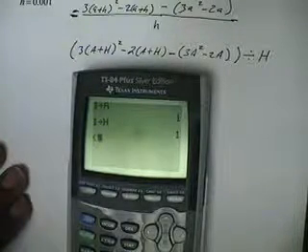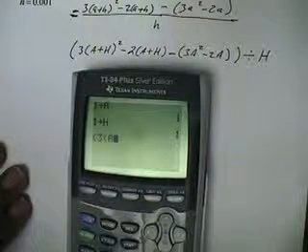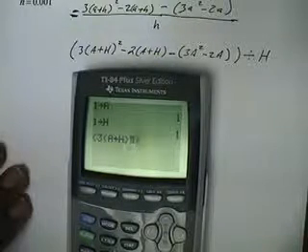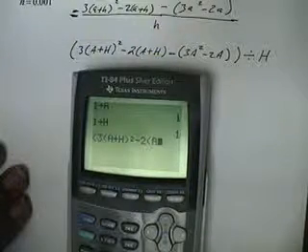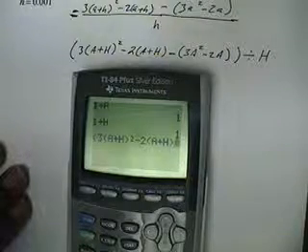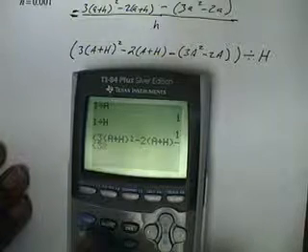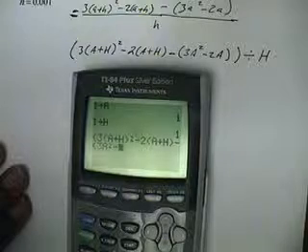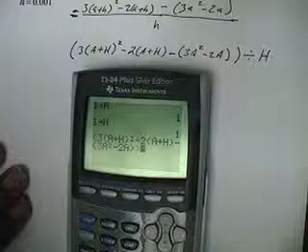So open parenthesis, 3, open parentheses, alpha a plus alpha h, close parenthesis, squared, minus 2, open parenthesis, alpha a plus alpha h, close parenthesis, minus, open parenthesis, 3, alpha a squared, minus 2, alpha a, close parenthesis, close numerator.